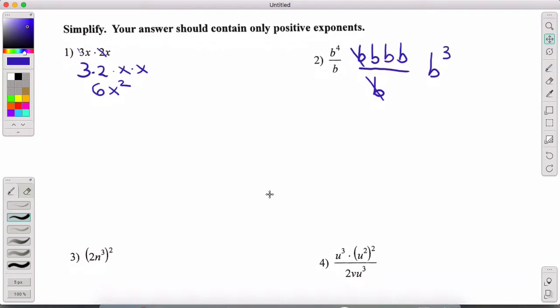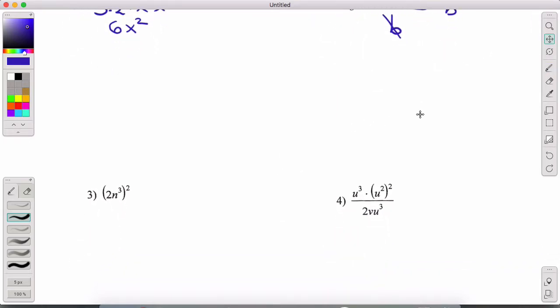Next we have power to a power. The thing to remember about power to a power is you're also working with whole numbers sometimes. And when you have a number base, we have to deal with that normally. What I mean is, in this problem, you have a 2 to the second power. And you also have n to the third power that's being squared as well.